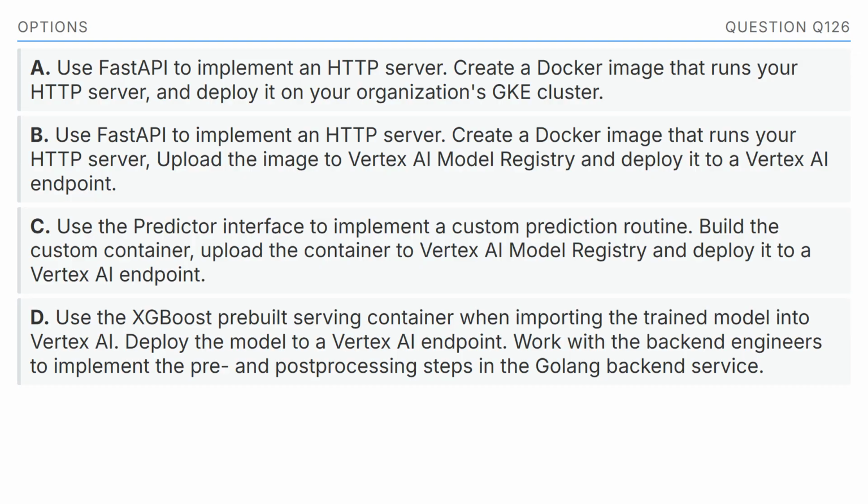Option C, use the predictor interface to implement a custom prediction routine. Build the custom container, upload the container to Vertex AI model registry, and deploy it to a Vertex AI endpoint. Option D, use the XGBoost pre-built serving container when importing the trained model into Vertex AI. Deploy the model to a Vertex AI endpoint. Work with the backend engineers to implement the pre- and post-processing steps in the Golang backend service.